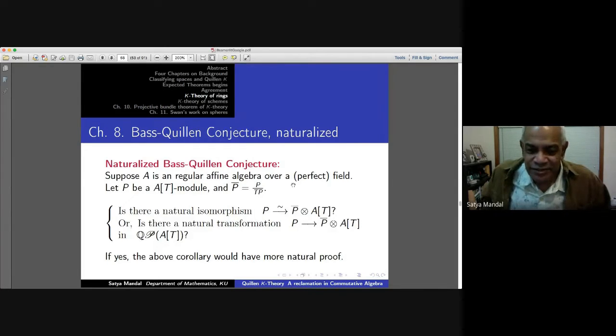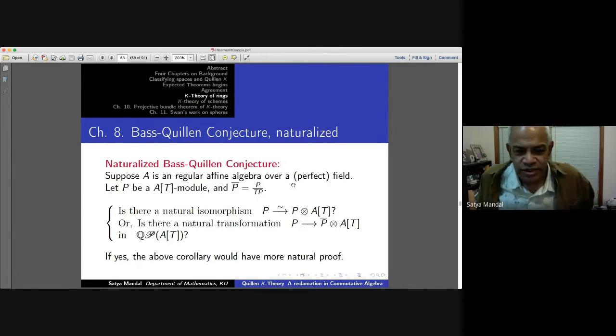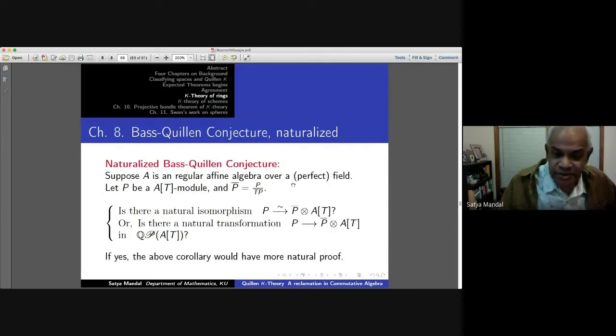So we know that a projective module over a regular ring, and we may have to assume it contains a field or such things, those things you can assume, is isomorphic to P bar tensor A[T]. We know this. So we say projective modules are extended from the base ring. Okay, can I move on? Yeah, good.